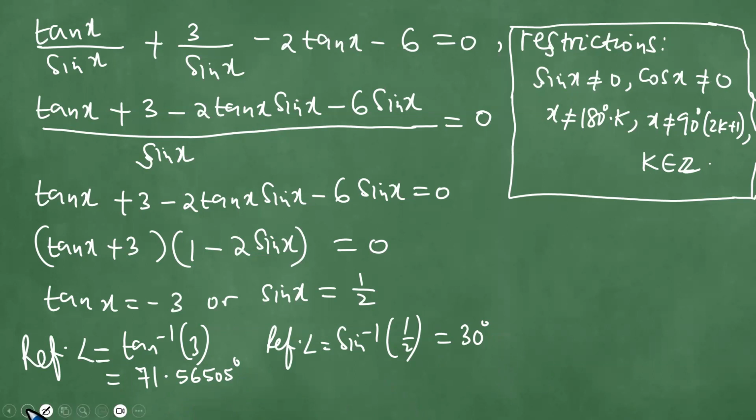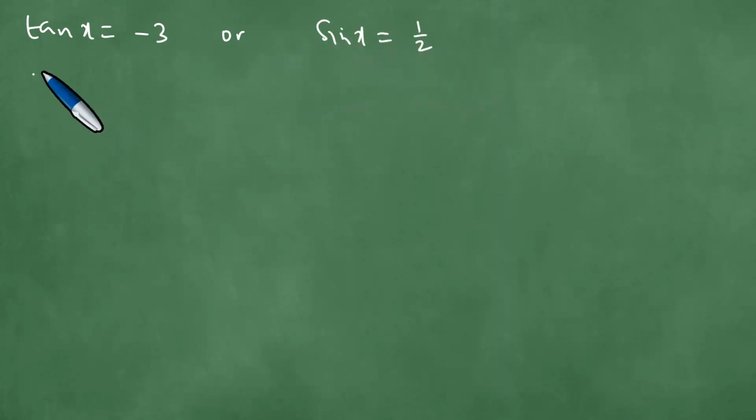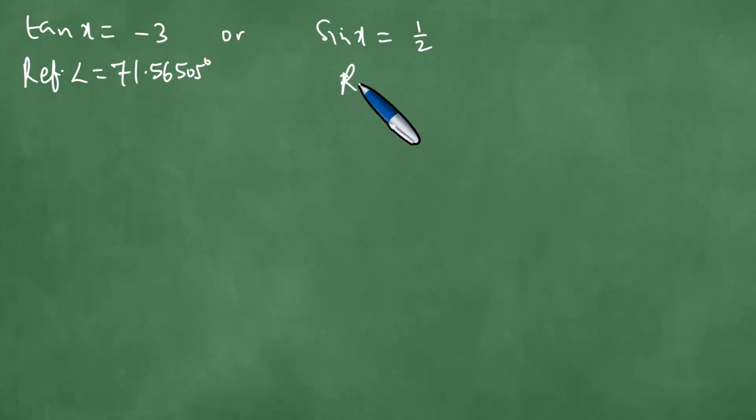Right, so we proceed to then say tan x is -3, or sin x is 1/2, with the reference angle here being 71.56505 degrees. Here the reference angle is 30 degrees.